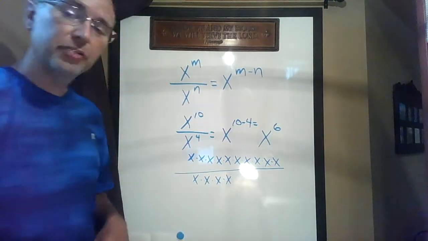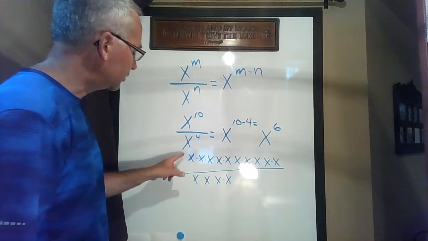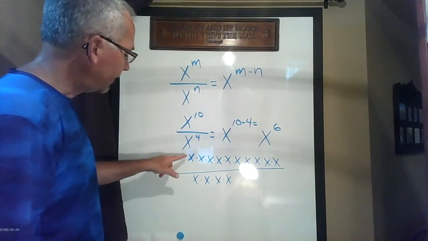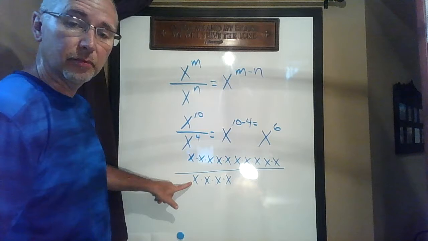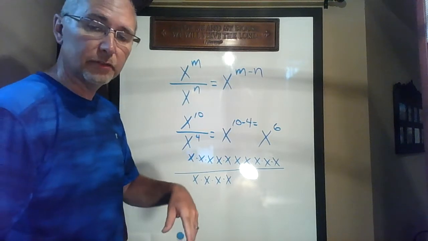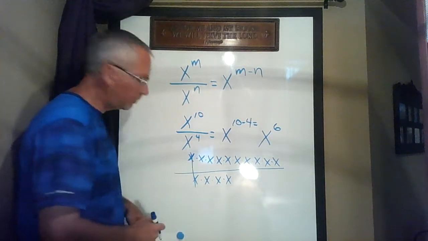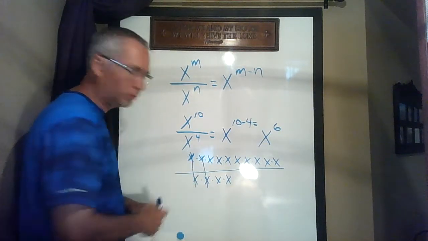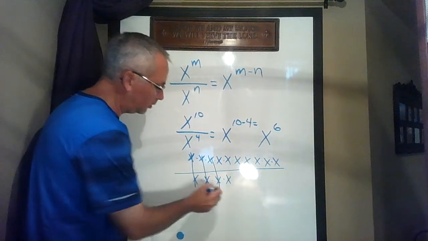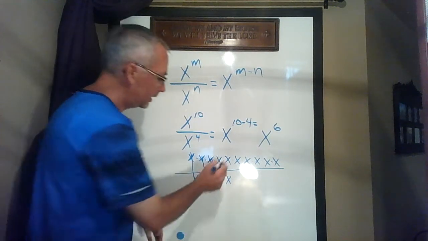And if we understand fractions and we also understand division, if I have an x divided by x, isn't that just equal to 1? And 1 times anything is anything. So those make a 1, those make a 1, those make a 1. 1 times 1 times 1 is still 1, right?